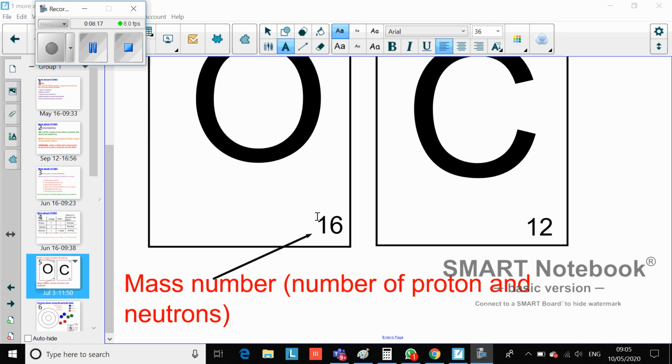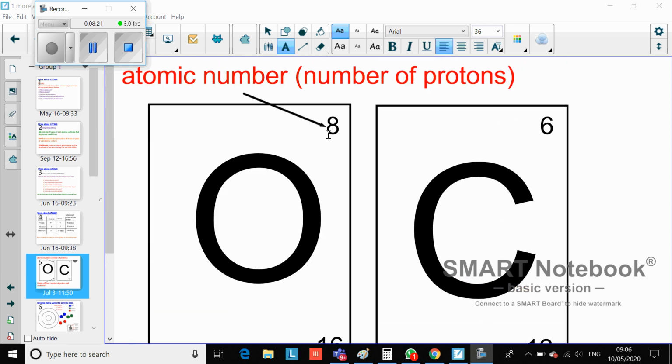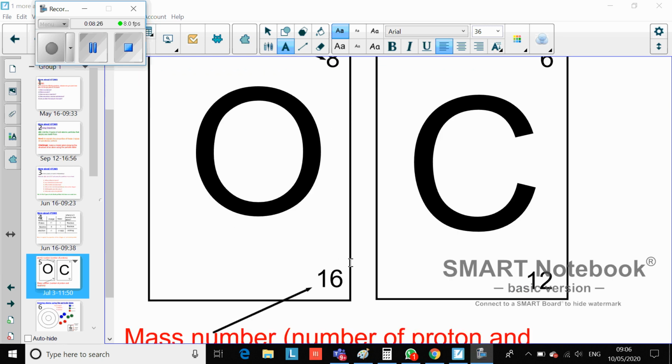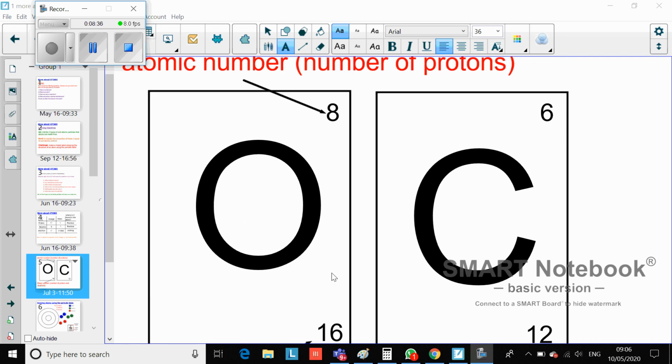This number here is the number of protons and neutrons together. We already know there are 8 protons, so to get to 16, how many neutrons are we going to need? Those of you who can do basic maths, it is of course 8. So we know that oxygen also has 8 neutrons, even though it's not actually shown anywhere else.